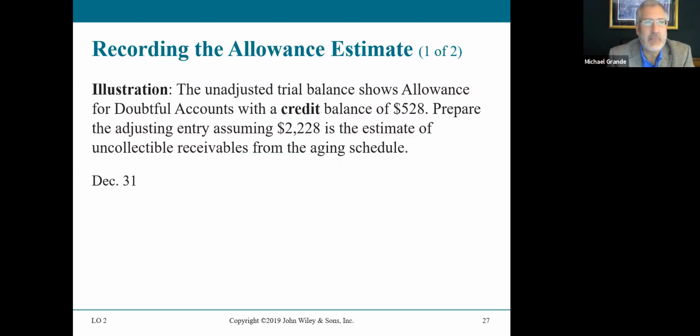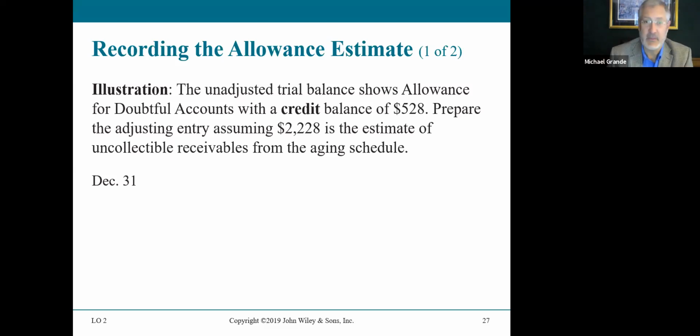Let's look at an example. The unadjusted trial balance shows allowance for doubtful accounts with a credit balance of $528. So it presently has a balance of $528. However, it has to have a balance of $2,228. Prepare the adjusting entry assuming $2,228 is the estimate of uncollectible receivables from the aging schedule. The balance should be $2,228.